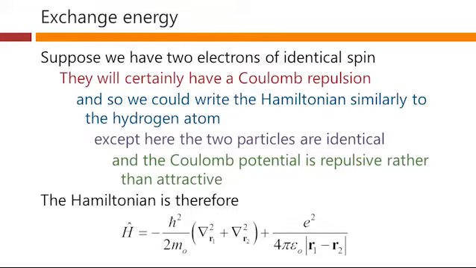So our Hamiltonian we could write like this. We've got our usual kinetic energy terms, del squared with respect to R1 for electron 1, and del squared with respect to R2 for electron 2. And then we have plus e squared over 4 pi epsilon naught times the separation between the two particles. The plus corresponds to the repulsive potential.